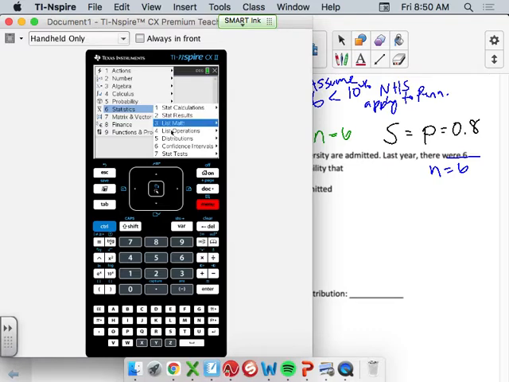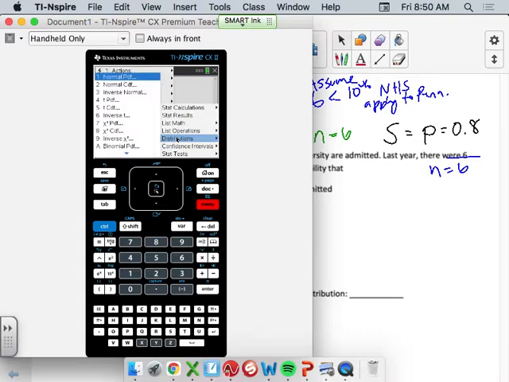So statistics, and we're doing a distribution. This is a binomial distribution. So I'm going to go to distributions, and then normal, inverse, something called chi-squared, which you might have already seen in biology. And then way at the bottom, it says binomial PDF, binomial CDF.